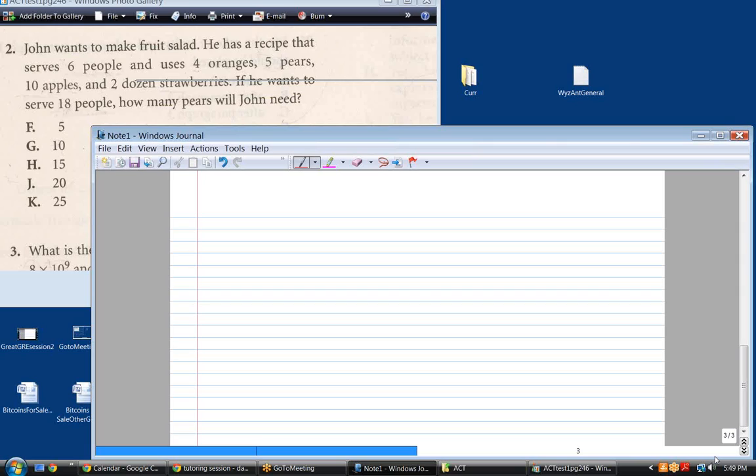Oh, yeah, because he wants to serve, he says, what? His fruit salad serves 6 people, and he needs to serve 18. All we're doing is figuring out how many pears that takes. So what's the answer? Fruit salad recipe, 6 people. 5 pears for 6. 12 would be 10, so then 12.